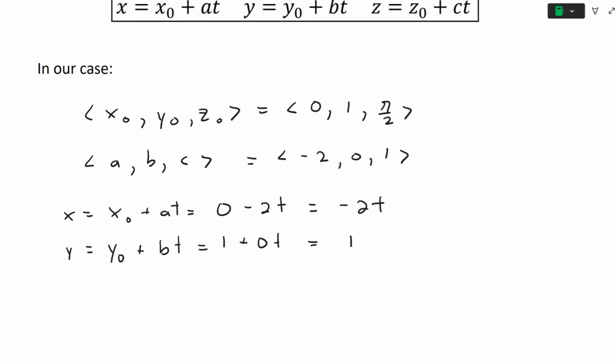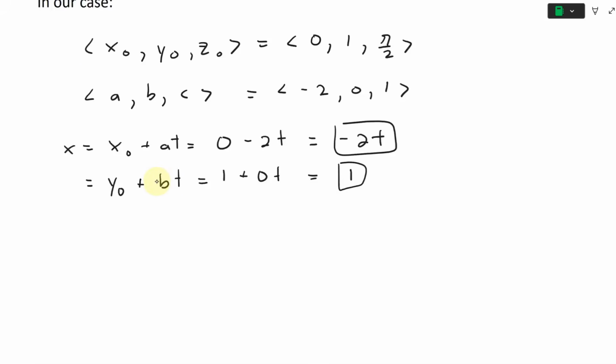So we're going to box these in, because those are actually part of our answer for the parametric equations of the tangent line. So now the z is going to equal z naught plus ct. z naught is pi over 2 plus c, which is 1, times t.